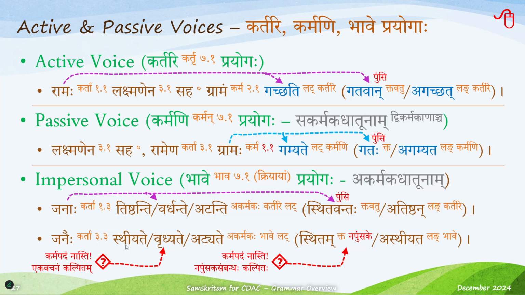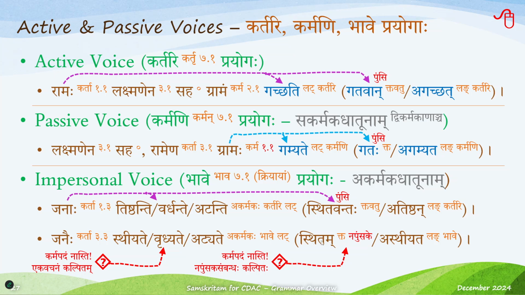So janaihi nagarani gamyante, bahuvachana, because of nagarani. But for stha dhatu, there is no karma, so we stick to ekavachana, sthiyate. Same for vruddha dhatu. Okay, so akarmakah bhave lat, evam sthiyate, vruddhyate, like that. So we continue to use the karmani form but in the ekavachana sense.